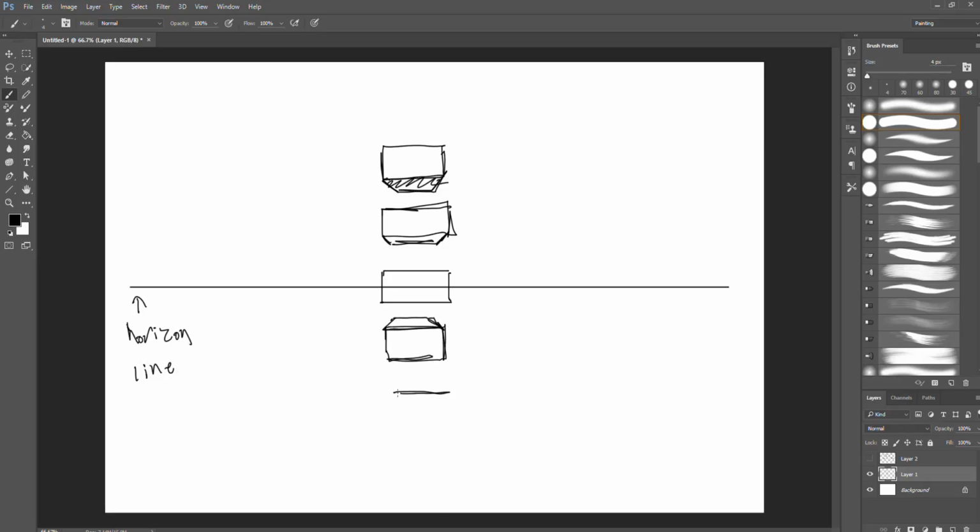The further this box travels beneath my eye level, the more and more of this top of the box that's being exposed.